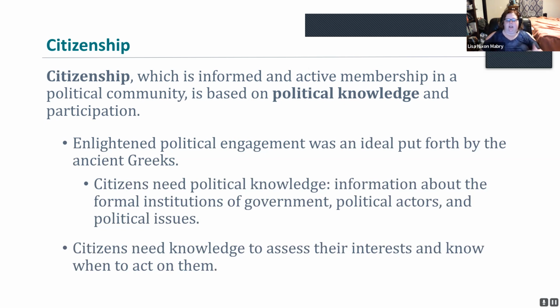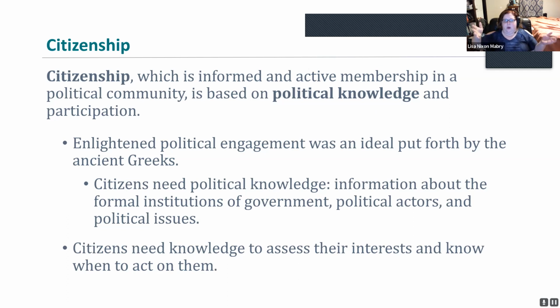We as citizens need the knowledge to be able to assess our own interests and to know what matters to us and how to act on them when it's presented to us. Like if you see a candidate, you know, like, oh, I think I like this person, or oh, I went to school with this guy, like he's cool. And then he opens his mouth and it's like, whoa, we do not agree on any policy matters at all.